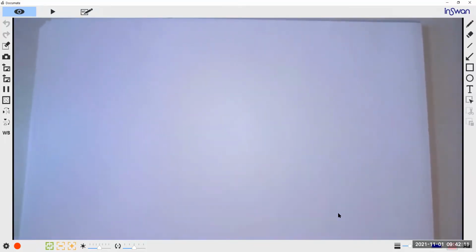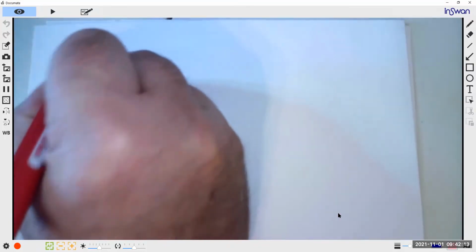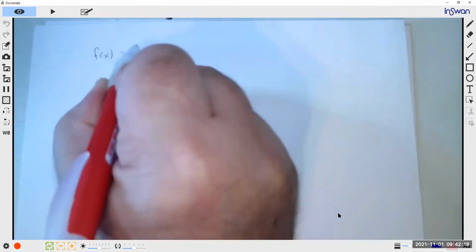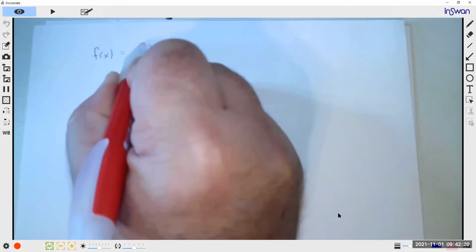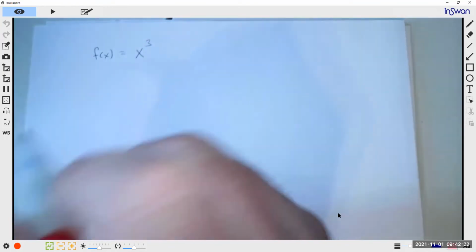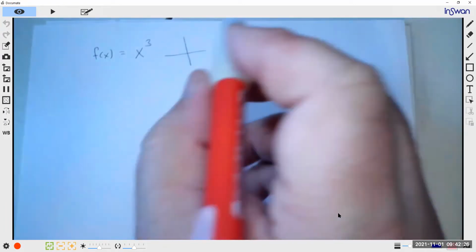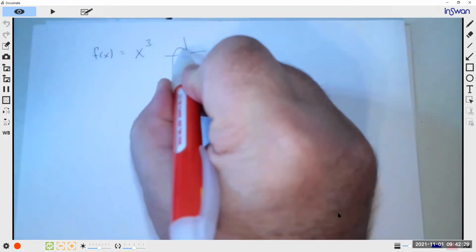All right. So let's look at what this means. Let's pretend our function was x to the third. It's a cubic equation. I'm going to exaggerate the graphs, but this is what it's going to look like.